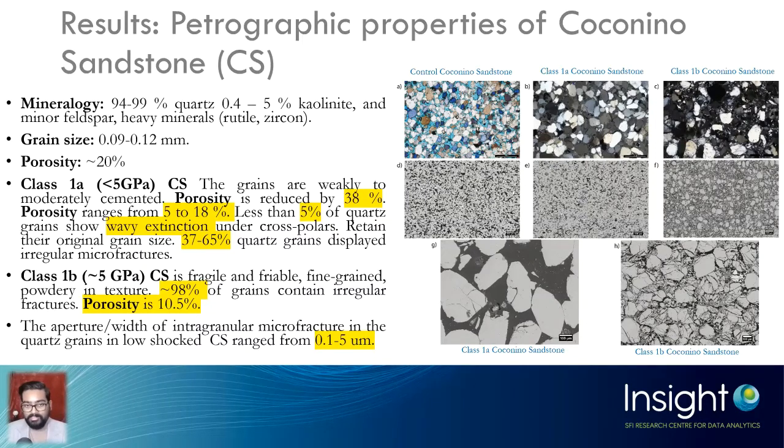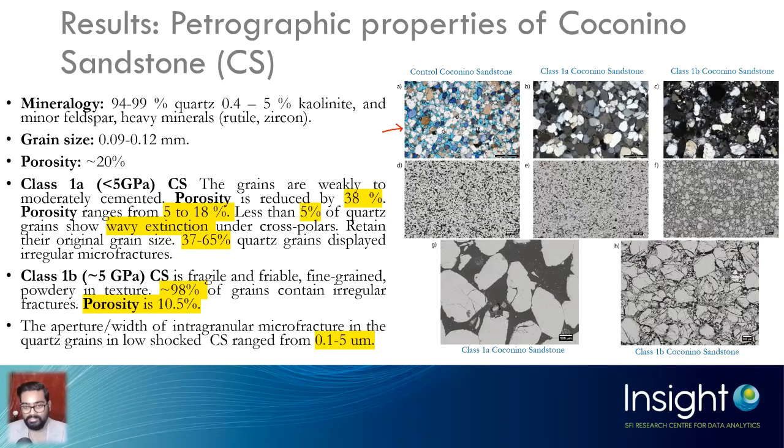On the right side of the slide, you can see the control Coconino sandstone sample, which is non-impacted, and then class 1A and class 1B Coconino sandstone. The blue substrate you see in the optical microscopy are the pores, and then you see quartz grains in colors and white colors under cross polars.